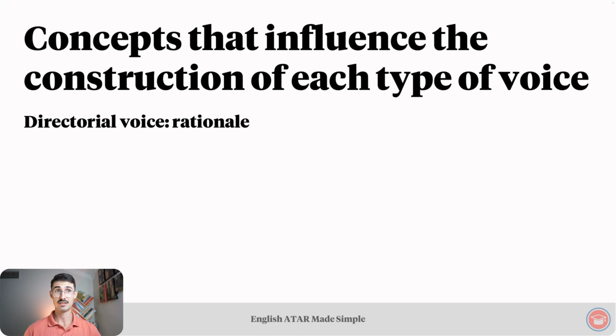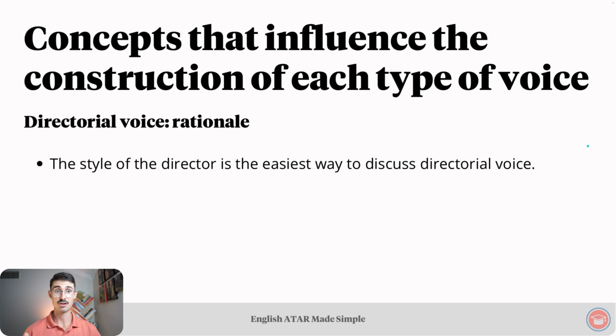Style is the super relevant concept, and the style of the director is the easiest way to discuss directorial voice. A better way to understand this is to ask yourself, what does the director do in, say, the movie that makes them unique? Or what does the director do that is common throughout all of their movies? The combination of those things equals the directorial voice.